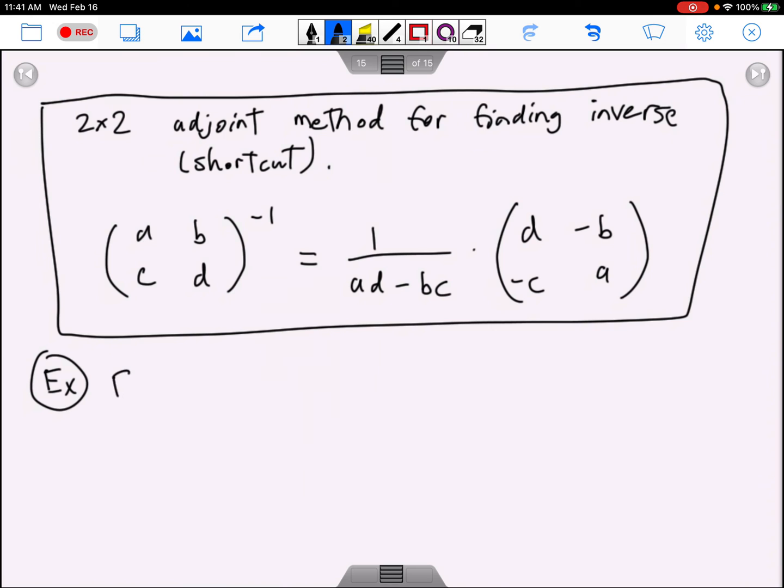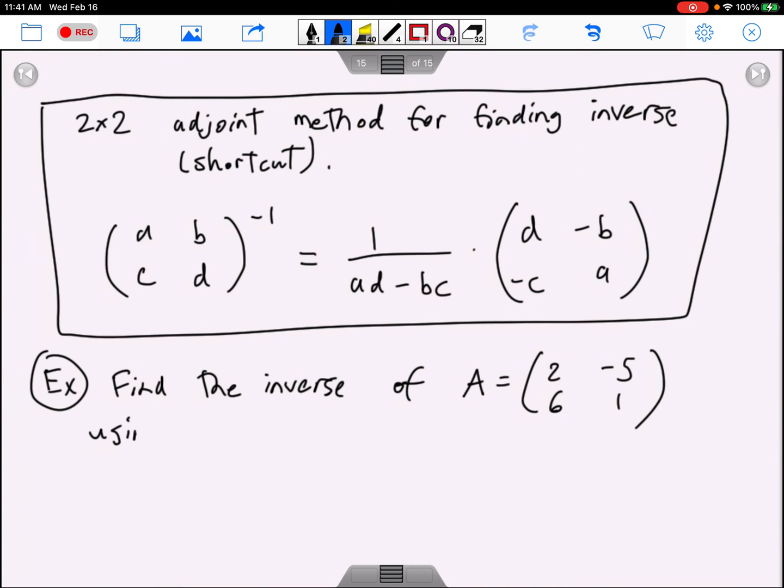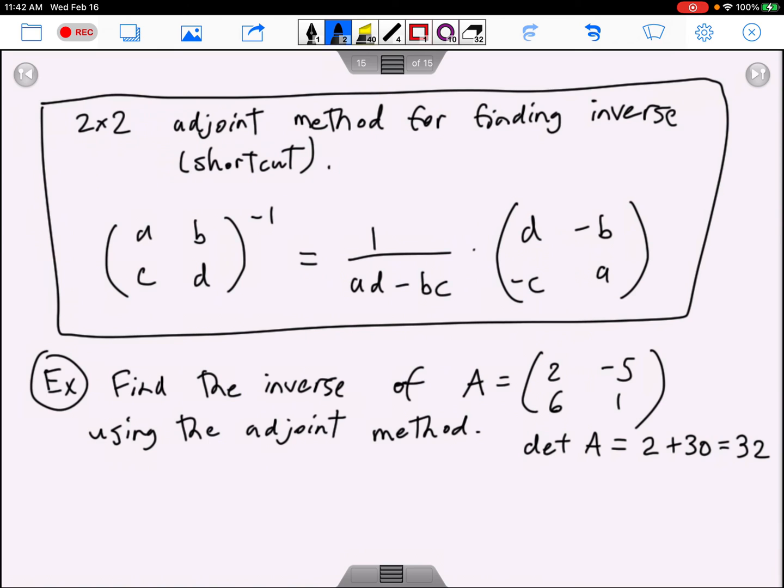So let's find the inverse of 2, negative 5, 6, 1 using the adjoint method. So let's do the determinant first. What's the determinant of A? It's just going to be 2 plus 30, which is 32.